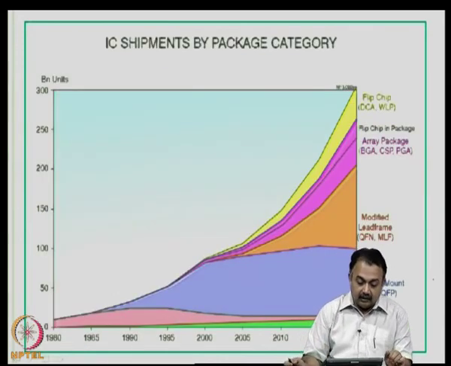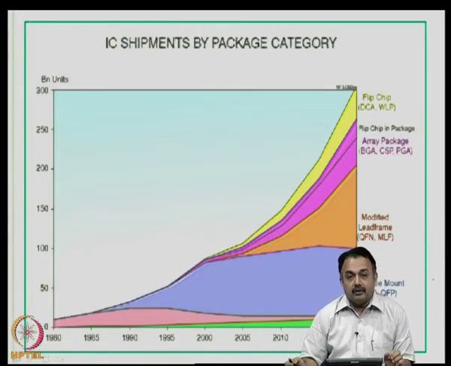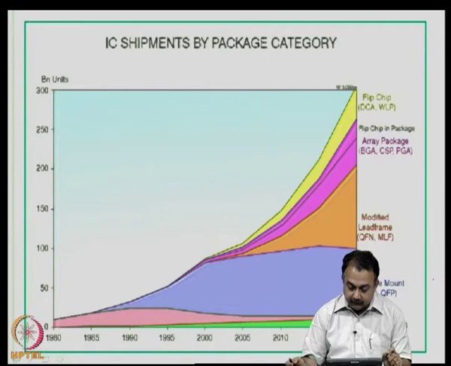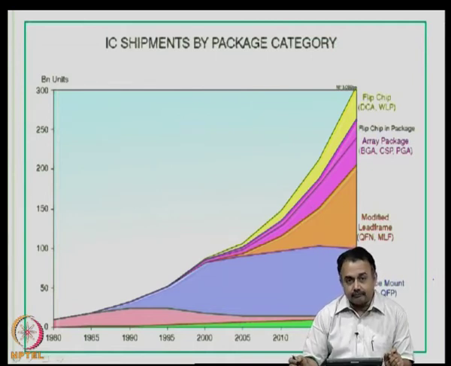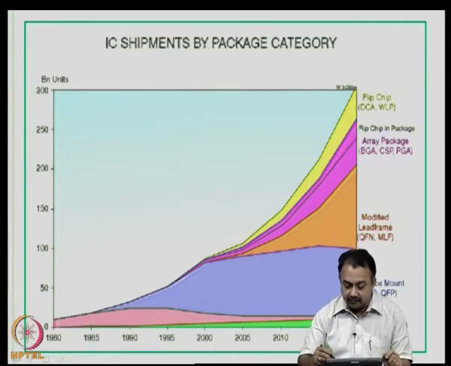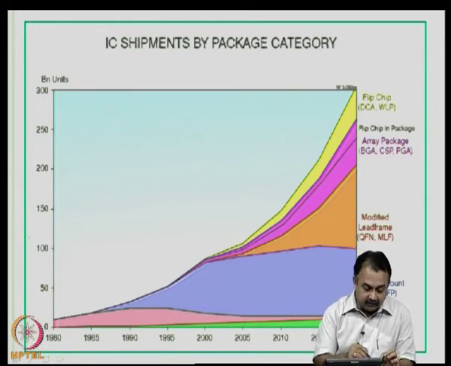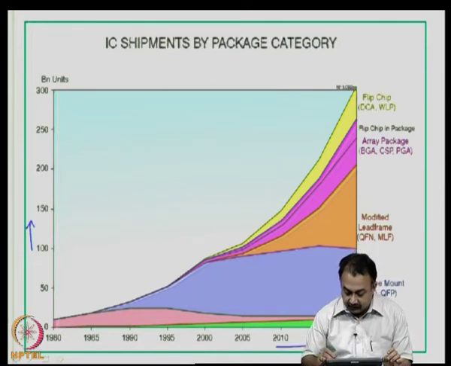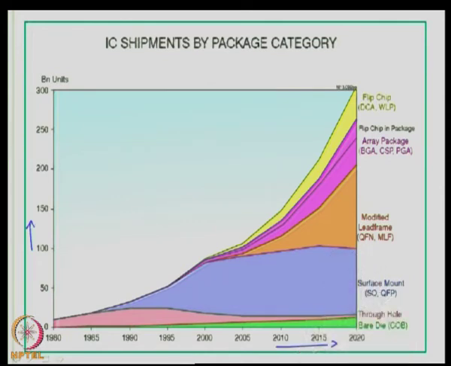If you look at the volumes of packages that have been produced globally, this picture will give you a very nice idea, because this is very current. The various colors represent the various packages, on the left side you see the volume in production in terms of billions of units, and here is the timeline going up to 2020.